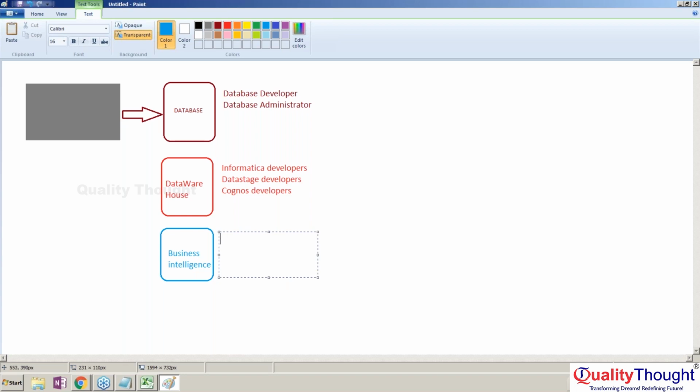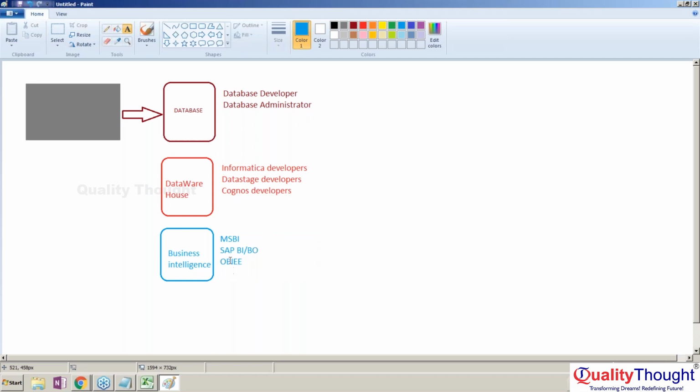And what are the technologies beyond this? MSBI, Microsoft Business Intelligence, SAP BI/BO, and many other business intelligence tools, OBIEE, which is an Oracle one. All these come under the business intelligence tools.